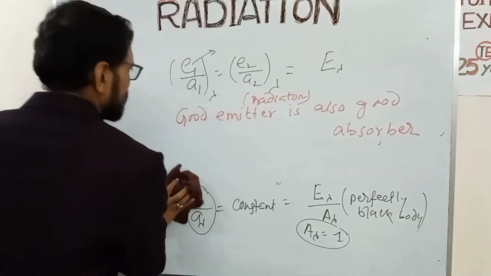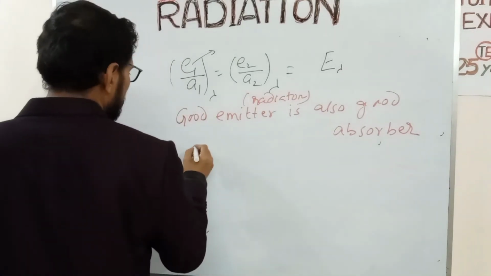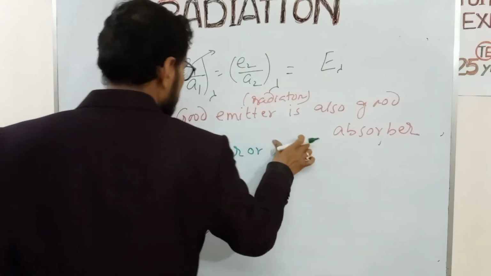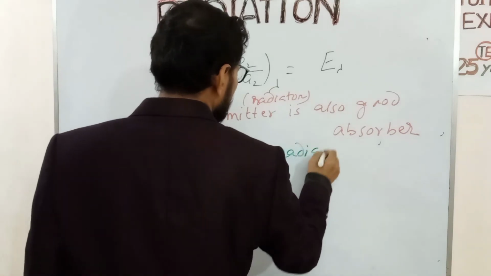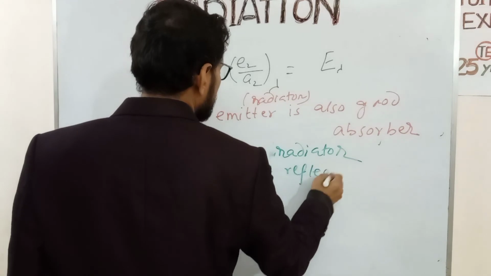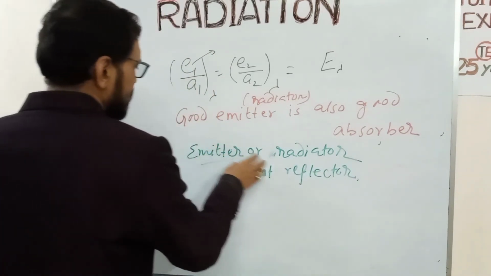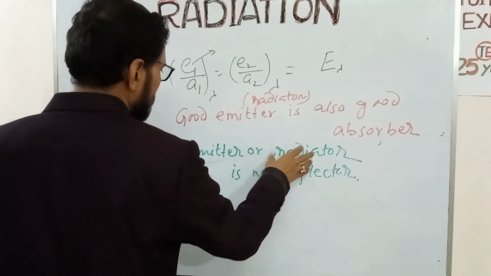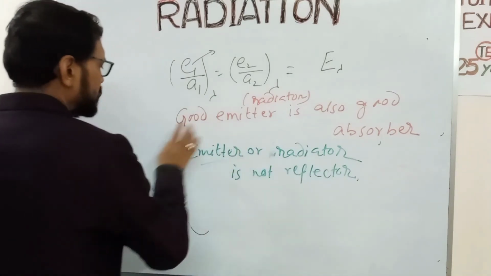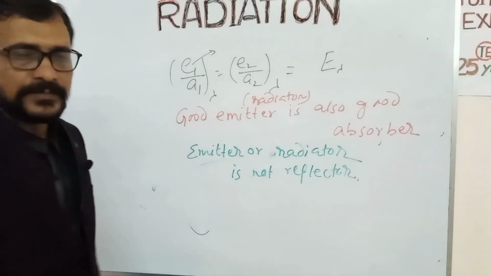Here one thing is that an emitter is not equal to a reflector. Emitter or radiator does not mean that it is a reflector. These terms are not the same, they have different meanings.